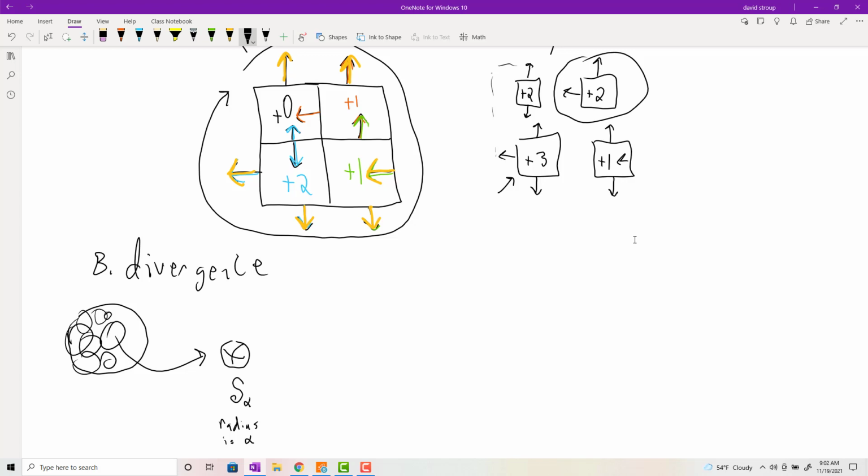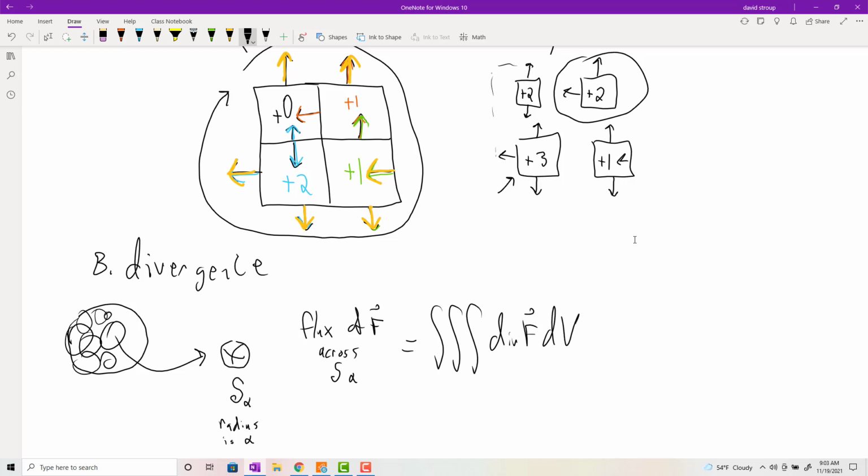And what we want to know is, what is the divergence at a point? What does that really mean? Okay. So we know the flux of F across a surface, and in particular the surface of this little sphere, is equal to the triple integral of the divergence throughout this object.